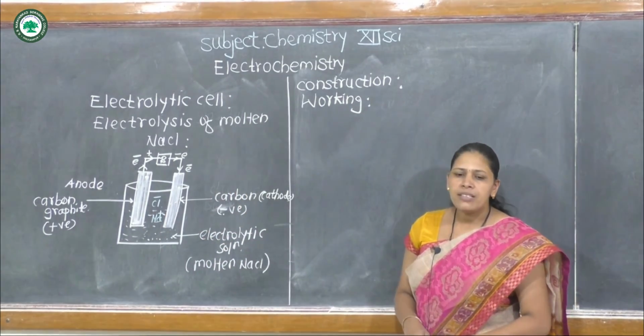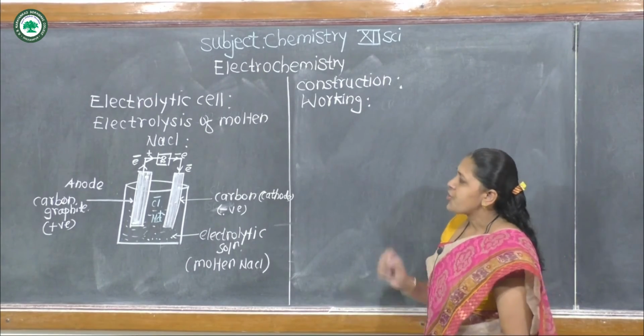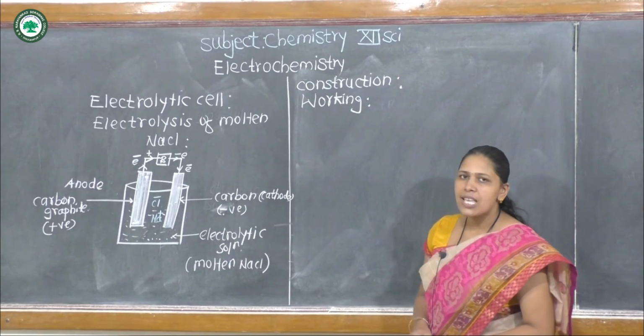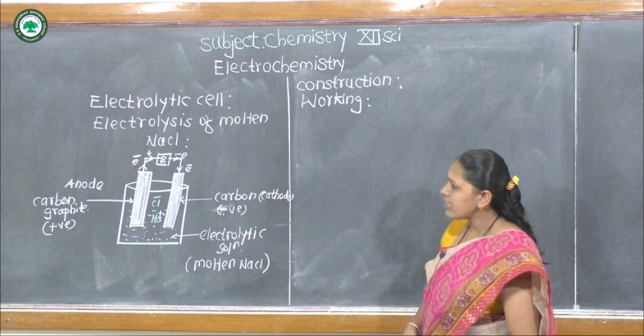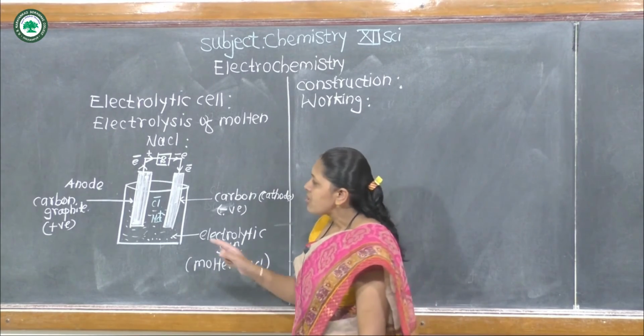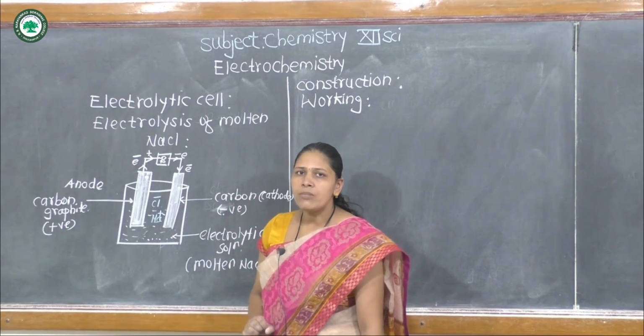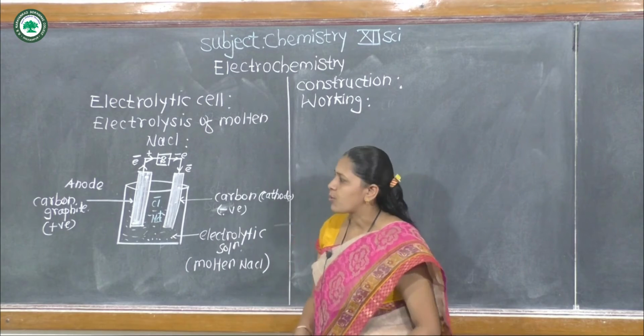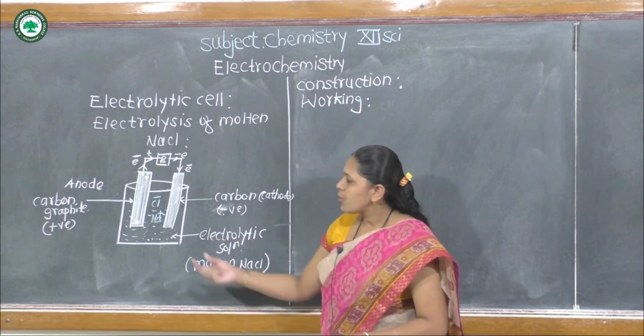After applying potential from the battery, the battery sucks electrons from the anode and transfers them towards the cathode.